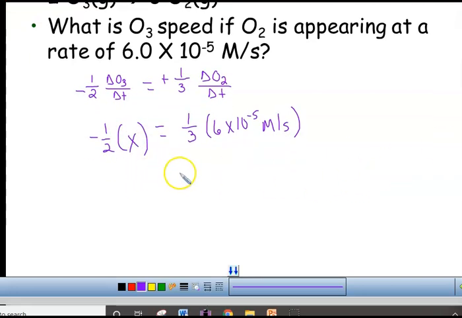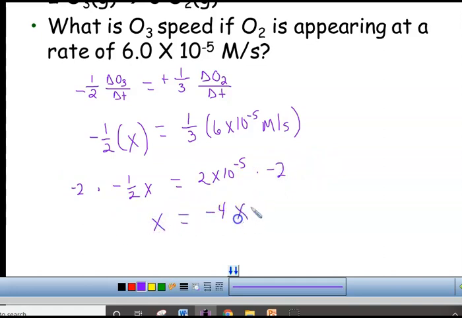And so I would just now do the math. If I do this, I'm going to get 2 times 10 to the -5 equals -1/2 x. And I would multiply both sides by -2. And I would get x to be a -4 times 10 to the -5. We won't worry about 0.0 if we want to do sig digs. Molarity per second.